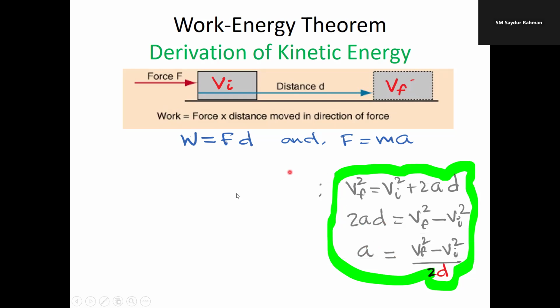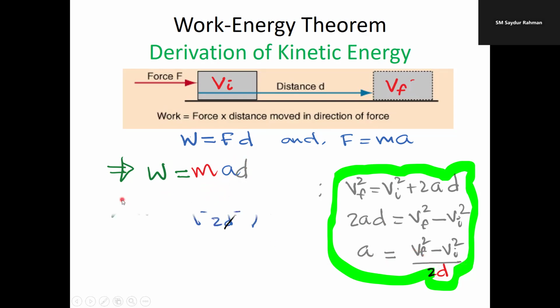Now let us focus on this expression, W equal to Fd. If I substitute the F from Newton's second law, this will become W equal to mad. m is the mass, a is the acceleration, and d is the displacement or distance in this case. Now I can substitute the expression of a here, vf squared minus vi squared divided by 2d.